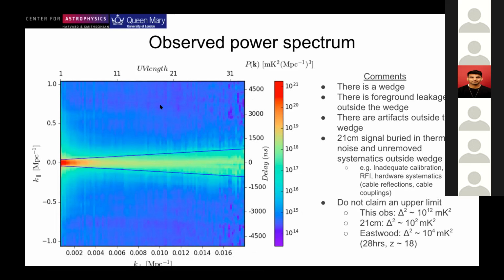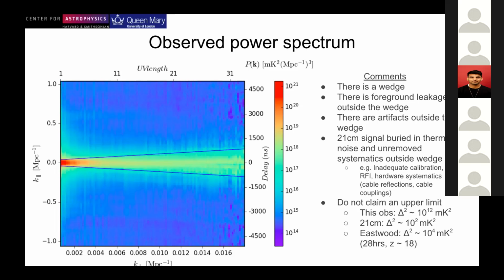The 21 centimeter signal is buried in thermal noise and unremoved systematics outside the wedge. The systematics come from inadequate calibration, inadequately flagged RFI, hardware problems. So we do not claim an upper limit.